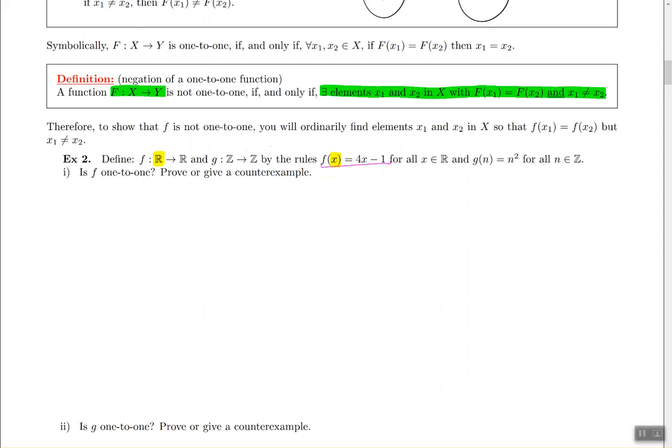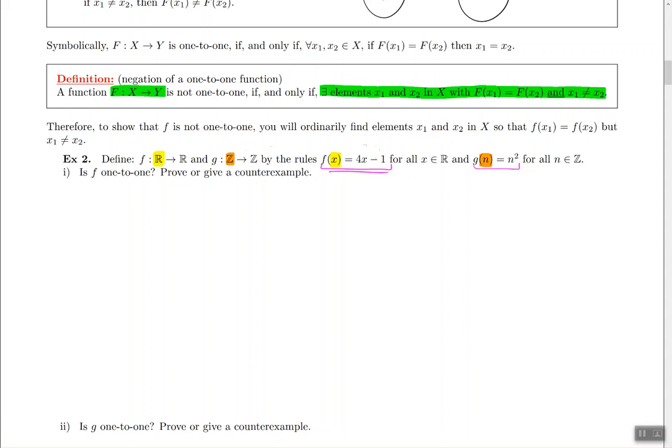On the other hand, the function g takes a number from your domain, in this case we're calling it n, and squares it. The question is, which one of these two is going to be one-to-one? In part A, we're investigating the function f of x. Is it one-to-one? To say yes, we would have to do a proof.